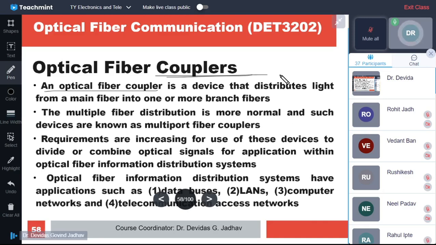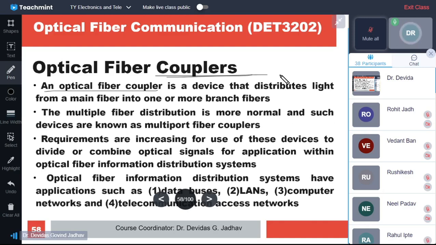Connectors are used to connect one fiber to another fiber, to connect a source to a fiber, and to connect a fiber to a detector. But to share the optical signal from one fiber to multiple fibers, and from multiple fibers to one fiber, couplers are required.